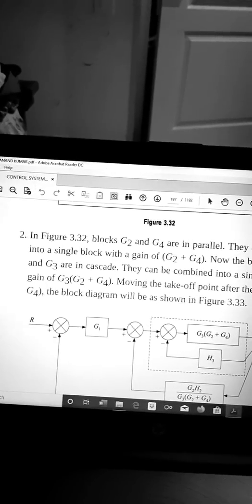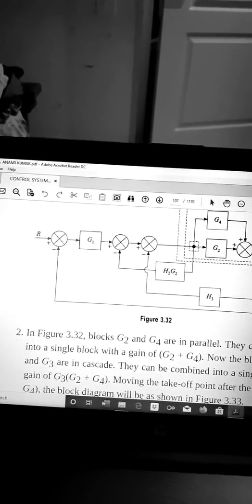Now everything is reduced, but this is a node, meaning a summing point. After the summing point there is a branch, you can see here.